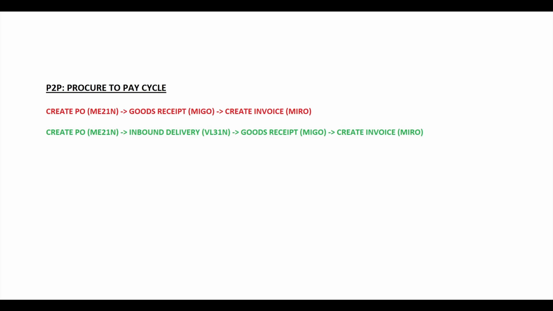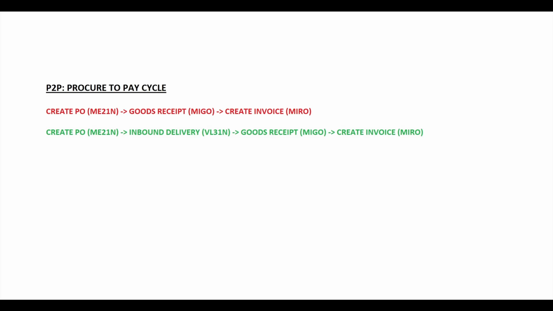But apart from this, there is a scenario where we create the purchase order, then do the inbound delivery and do the goods receipt against the inbound delivery, not against the purchase order. And then finally, we do the invoice verification in MIRO. So the second step in the green line is for inbound delivery and we call it advanced shipping notification.